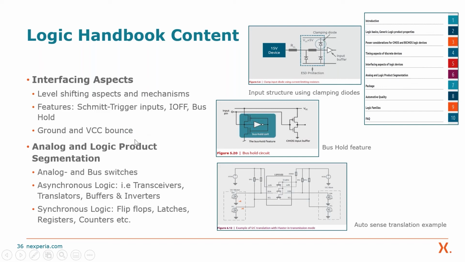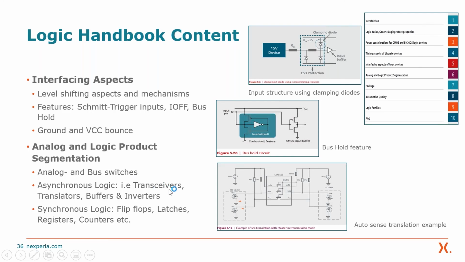In the next chapter, we look a bit deeper into our portfolio and the various segments. The segments have already been introduced by Tom in his presentation earlier. Here we look at all these product portfolio devices generally, and explain how they behave and what the differences are, for example, between analog and bus switches.